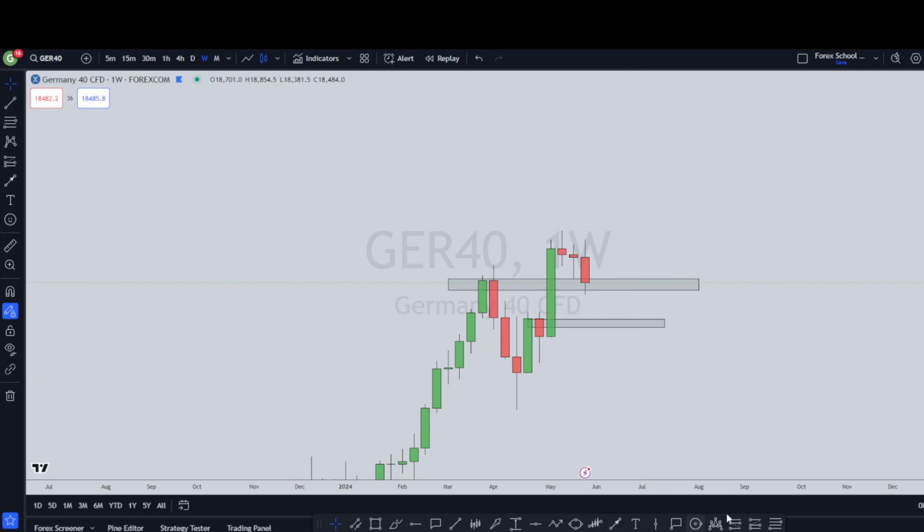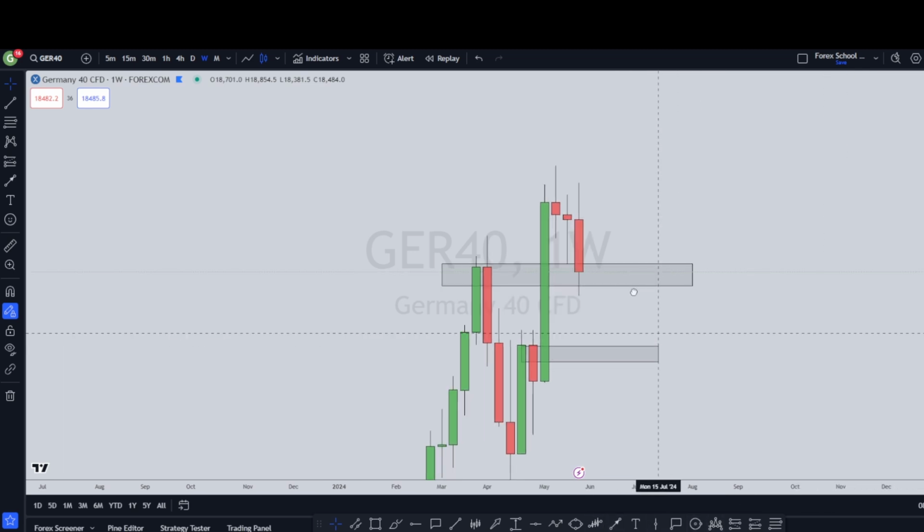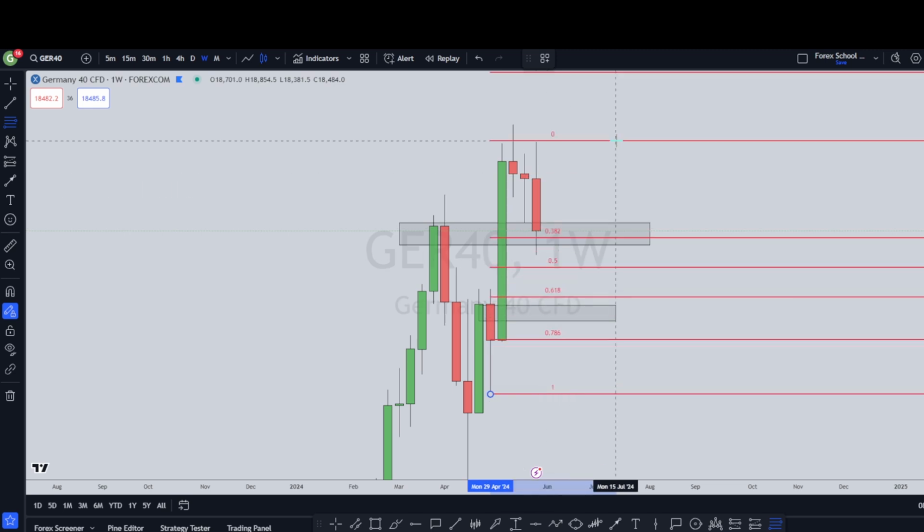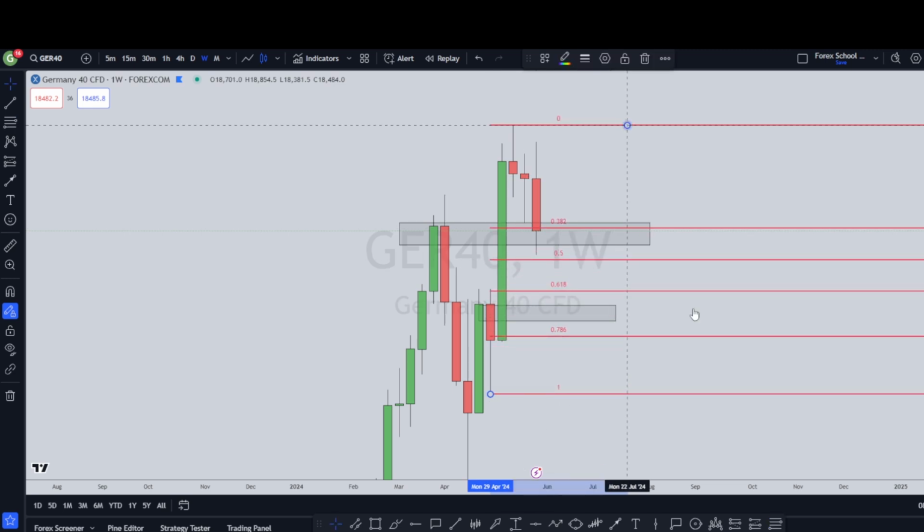Now, if we bring our Fibonacci tool to this weekly time frame, measuring from the low of the impulsive move to the high of the impulsive move, we see that price is testing not only this area of support on the weekly time frame, but also the 38.2 Fibonacci retracement level. And so these two act as a confluence for price to be rejected.